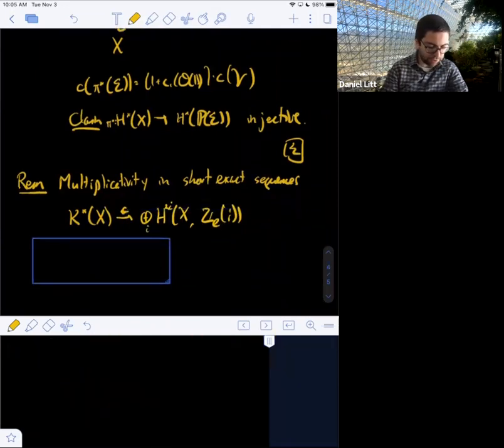So we get a map like this. It's just a map of sets, or really a multiplicative map.